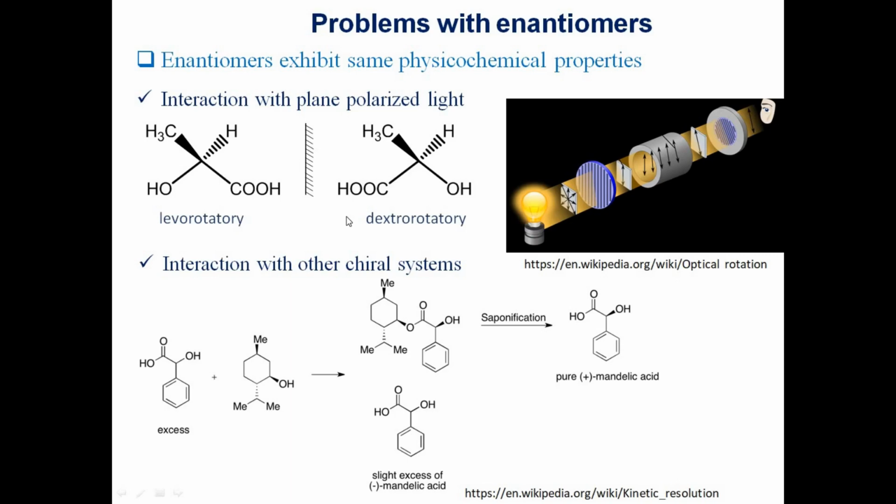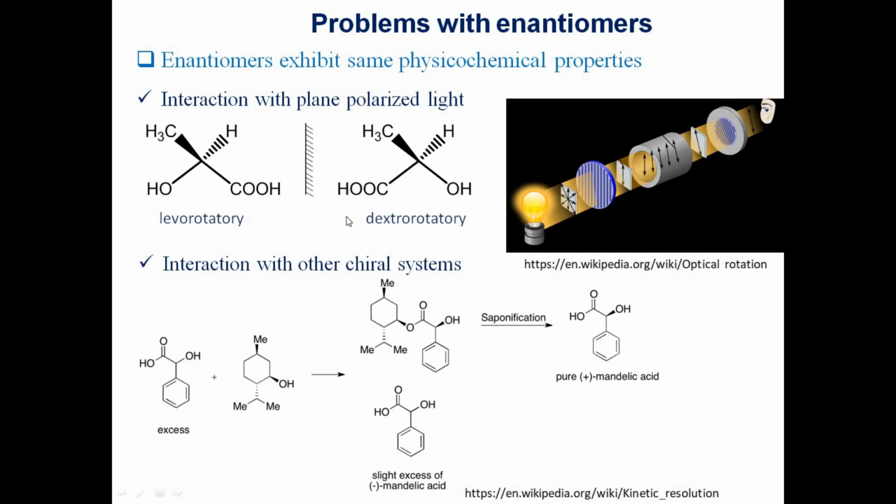But on the other hand, the enantiomers present on the right hand side will interact with the plane polarized light in somewhat different manner, and via the interaction process the plane of vibration of the plane polarized light will rotate in the clockwise direction. There is another method via which we can differentiate these enantiomers, and that is the interaction with other chiral systems.